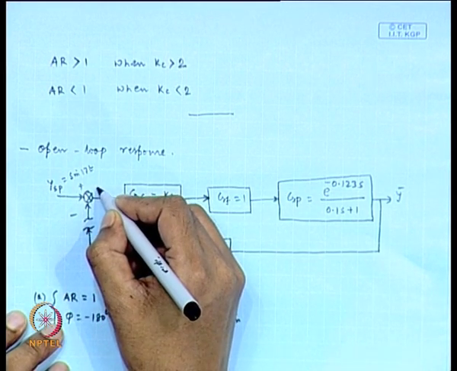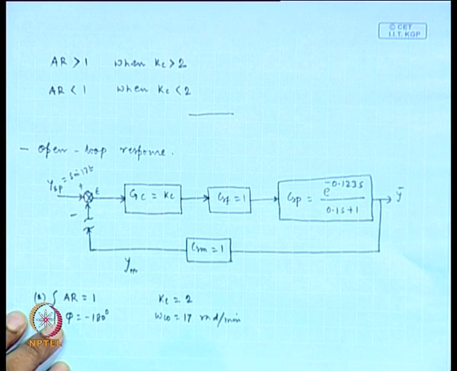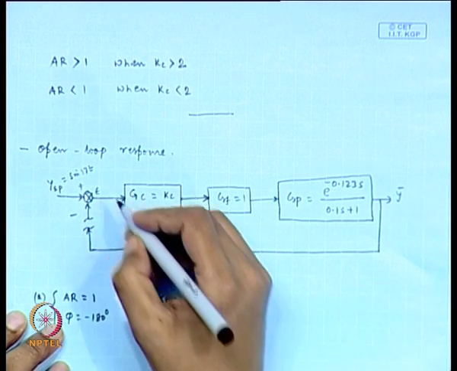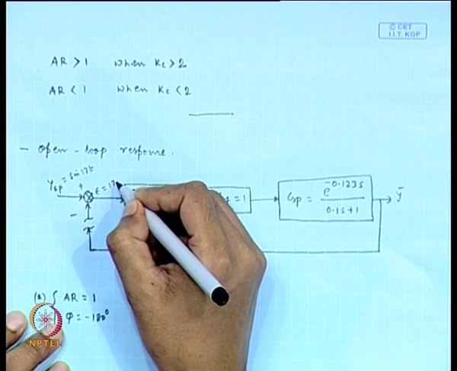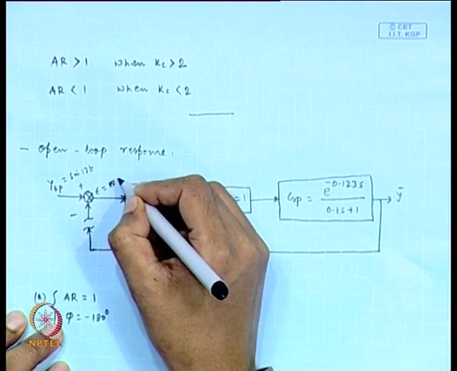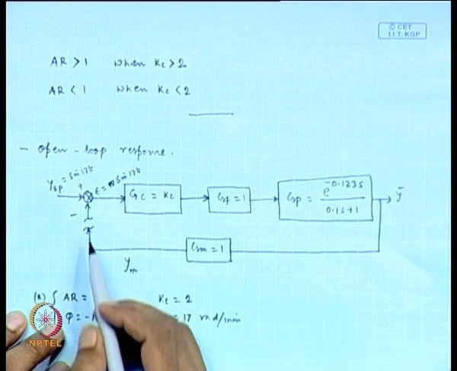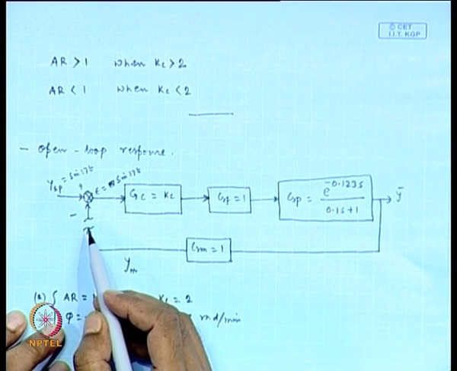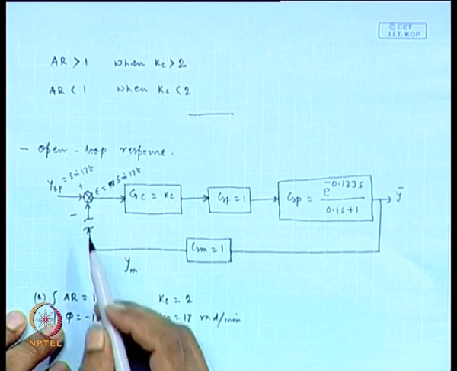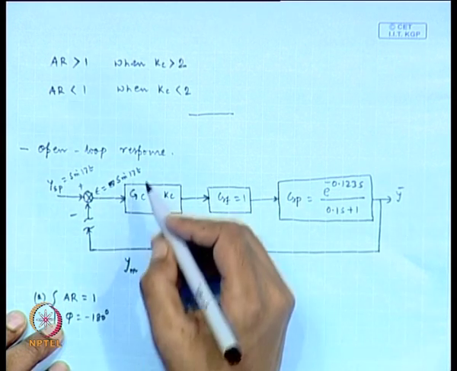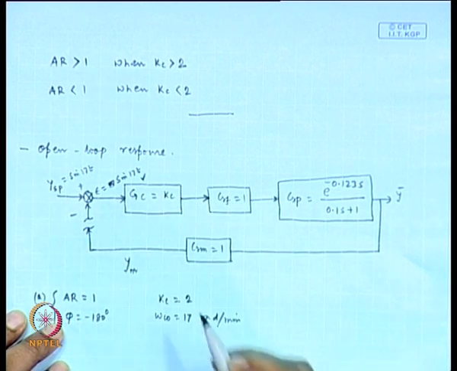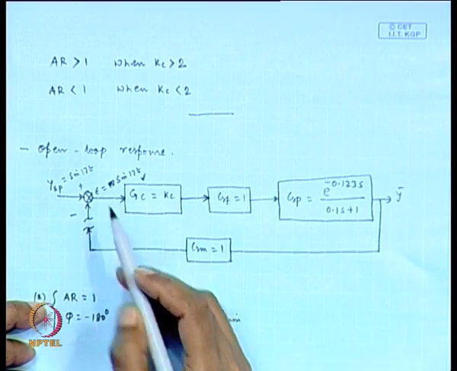Then how much is the error signal? Error is also sin 17t, because we have disconnected this measurement signal from the comparator. So, error signal is also sin 17t, which is equal to y set point, and they are written in time domain.